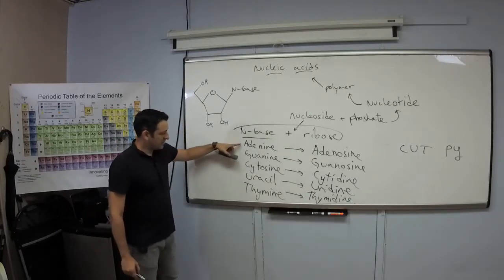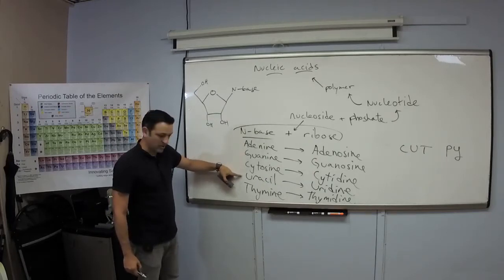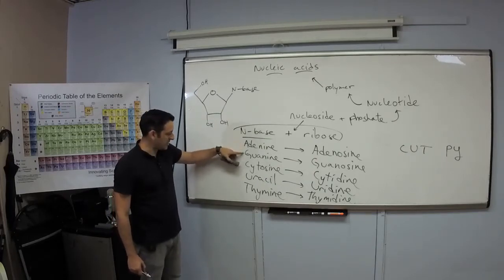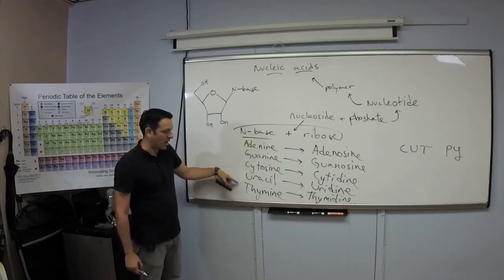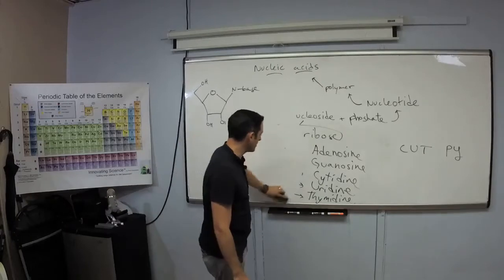So RNA has A, G, C, and U, and DNA has A, G, C, and T, and why? What's the difference?